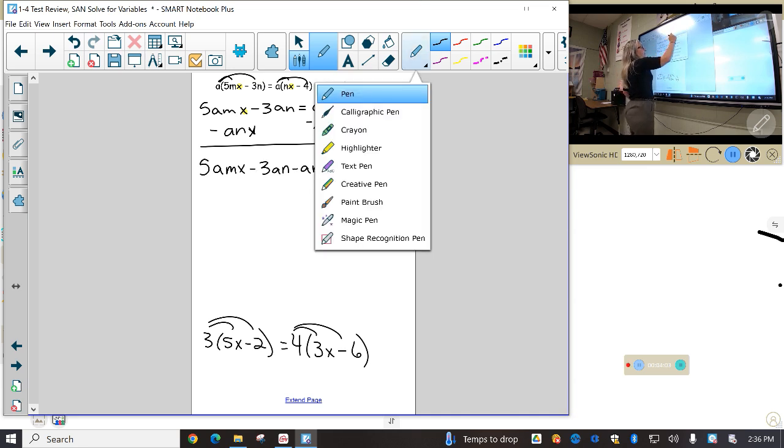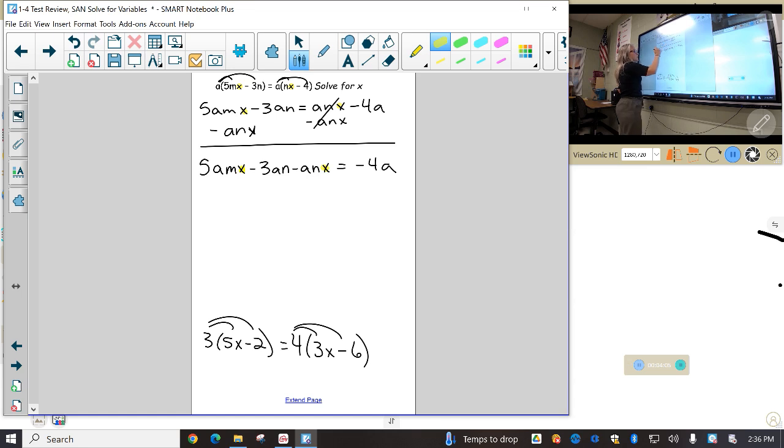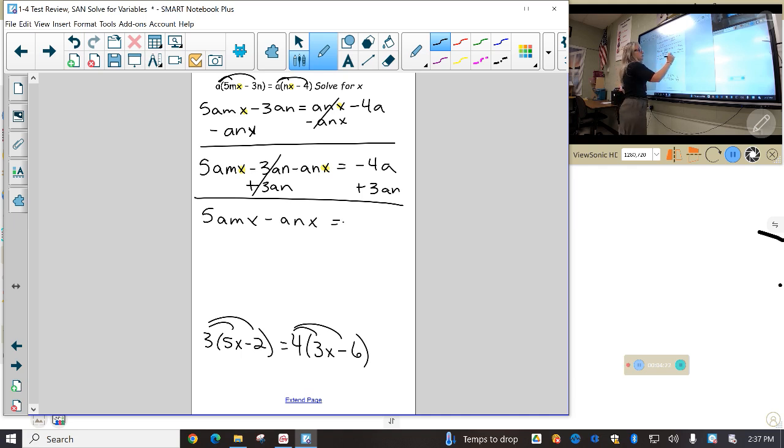My x's are now on the same side, which is good, but we have to get everything else to the other side. So what doesn't have an x with it? The -3an. So we're going to add 3an to both sides. We can't actually add those, they're not like terms, so I just have 5amx minus anx equals -4a plus 3an.